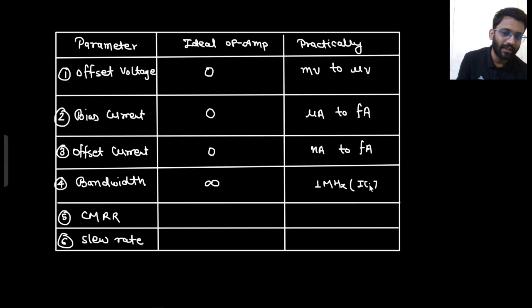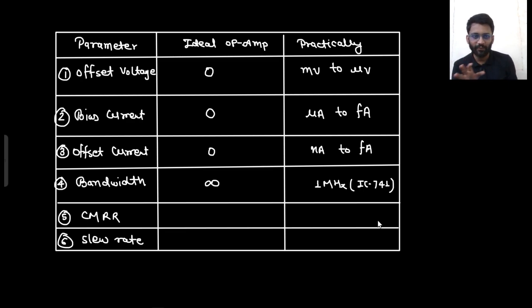I don't know the typical range, because I have not worked on OpAmp till now. When I work on OpAmp, I will get to know about it. IC741 is a very common IC that everyone uses, and for that the bandwidth is 1 megahertz. So till 1 megahertz it will provide you the gain of A, or from A to A by root 3. Then it will start rolling off.